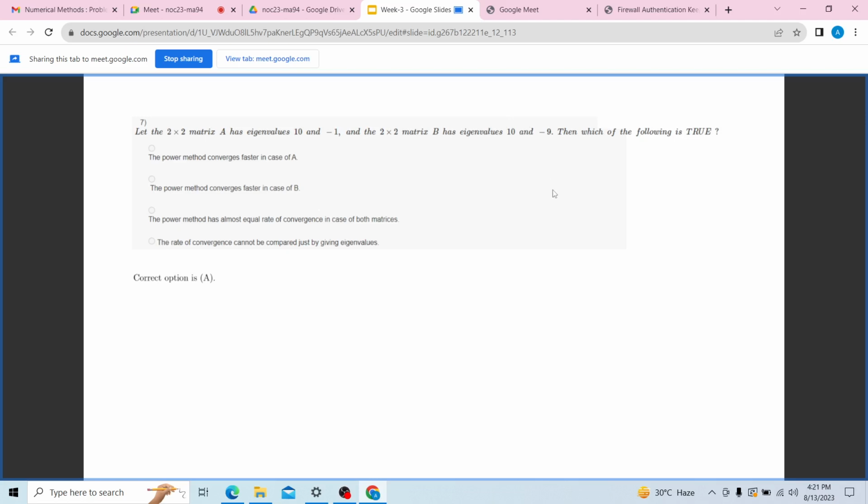So actually you have to calculate the ratio of the absolute values of the eigenvalues, and in the numerator you have to take the smaller one. So 1 by 10 you will get 0.1 and here 9 by 10 you will get 0.9. So which one has the faster rate of convergence? That is A. Fine.